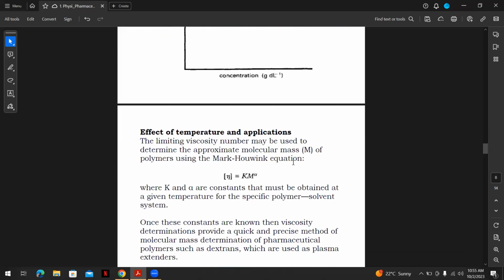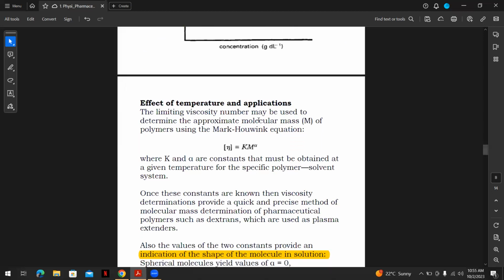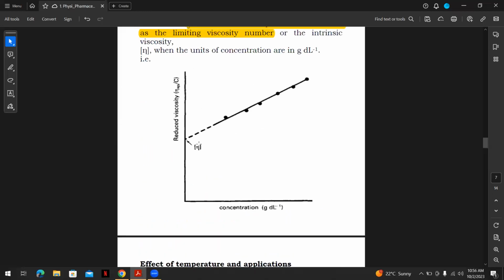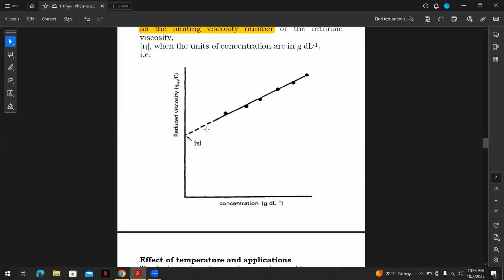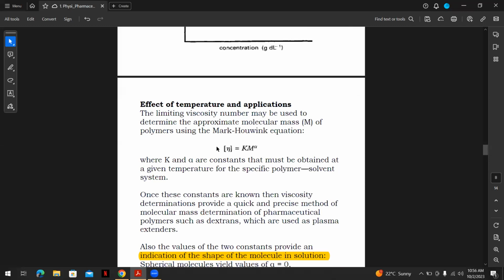So what is the effect of temperature and applications? The limiting viscosity number, which we've said up here, is a product of extrapolation. It may be used to determine the approximate molecular mass of polymers using the Mark-Houwink equation, which is this. K and A are constants that must be obtained at a given temperature for the specific polymer solvent system.